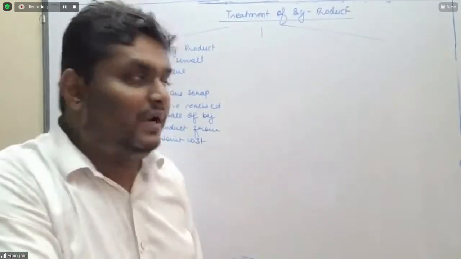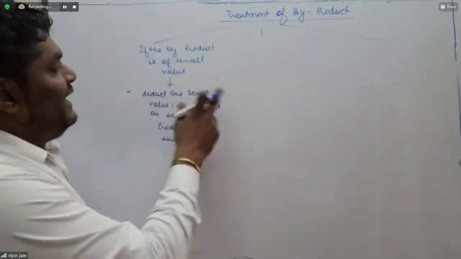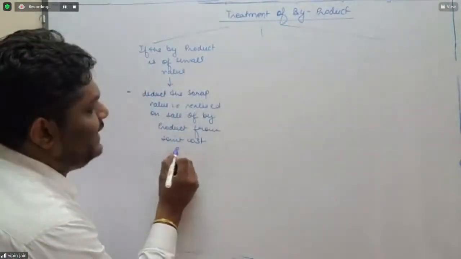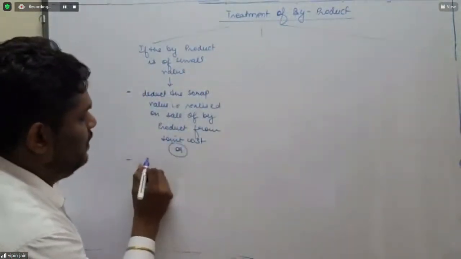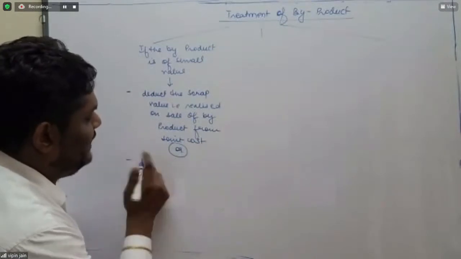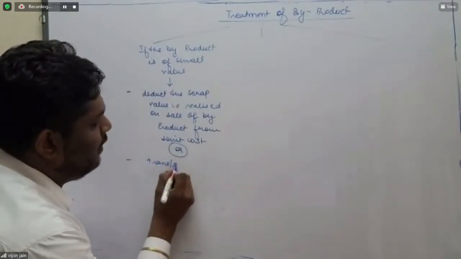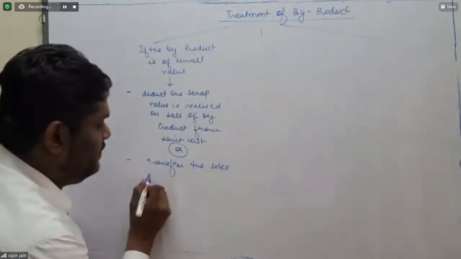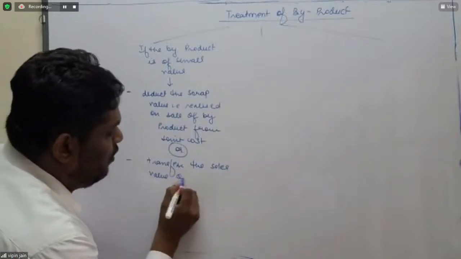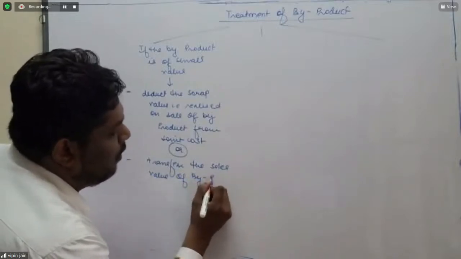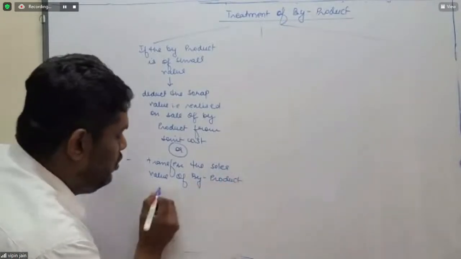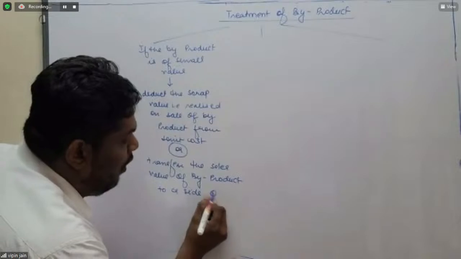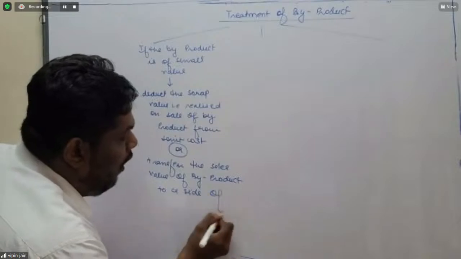Still the session is not over, guys. So deduct the scrap value that is realized on sale of byproduct from the joint cost. Alternatively, we will transfer the sale value of byproduct to the credit side of costing P&L.